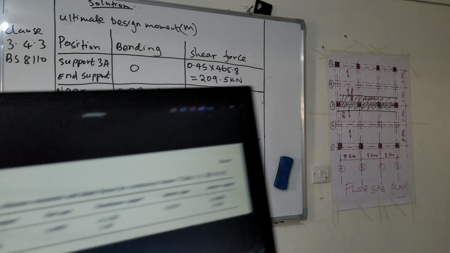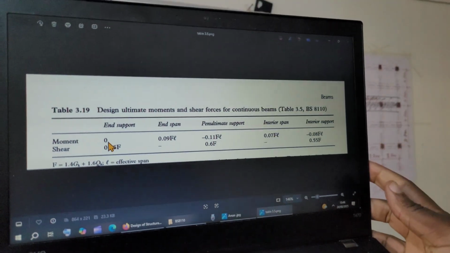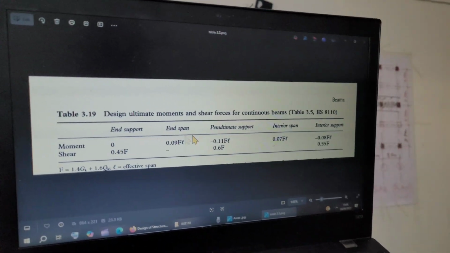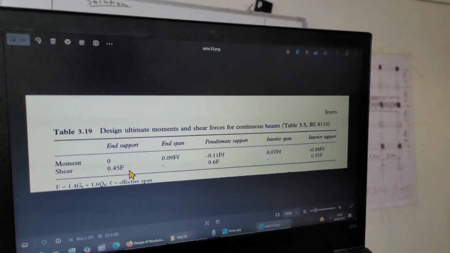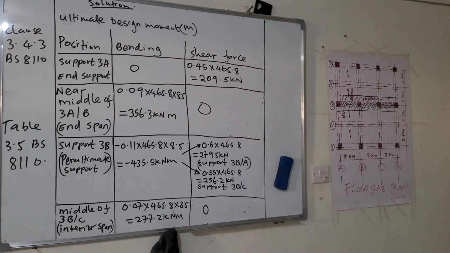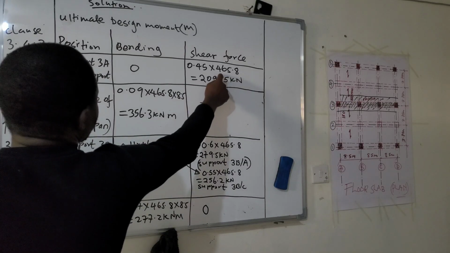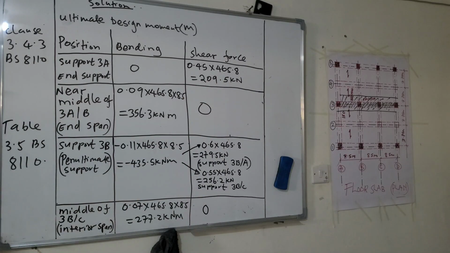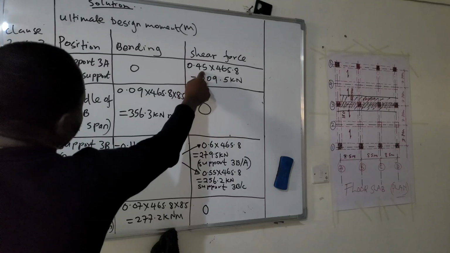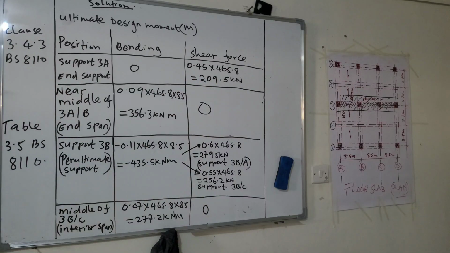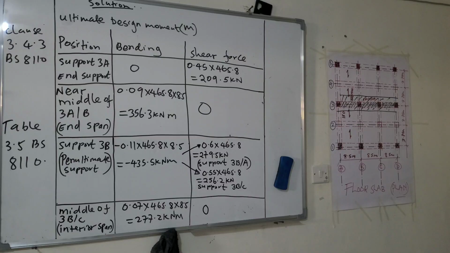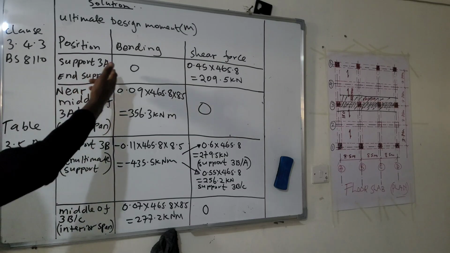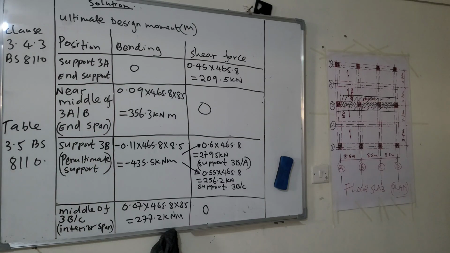The shear is given by 0.45 F. Remember we already have our F, which is 465.8. So you multiply 0.45 times 465.8, you will get 209.5. So that is shear and bending for support 3A.